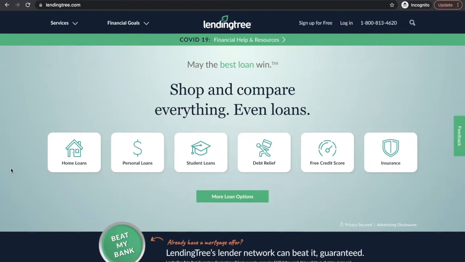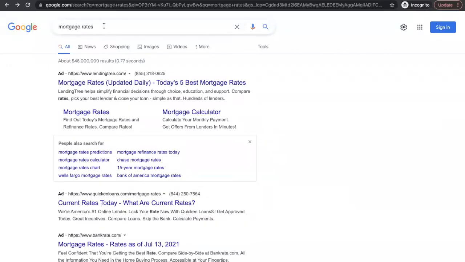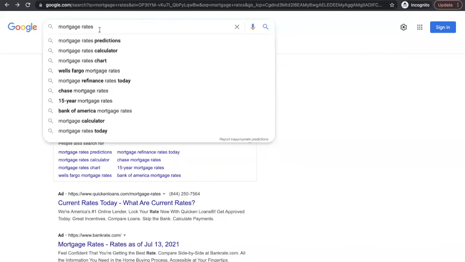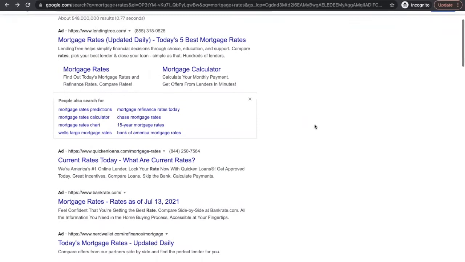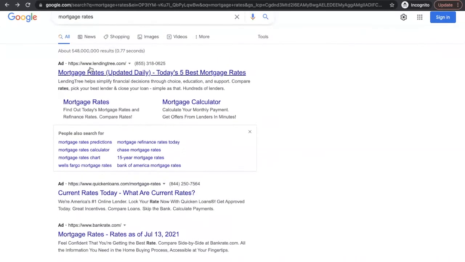You can also search out LendingTree organically, but most of the time it's through paid ads. If you were to Google mortgage rates or today's mortgage rates, you would be served up a set of typically 4 ads. The top one here is LendingTree. So LendingTree acquires mortgage customers.